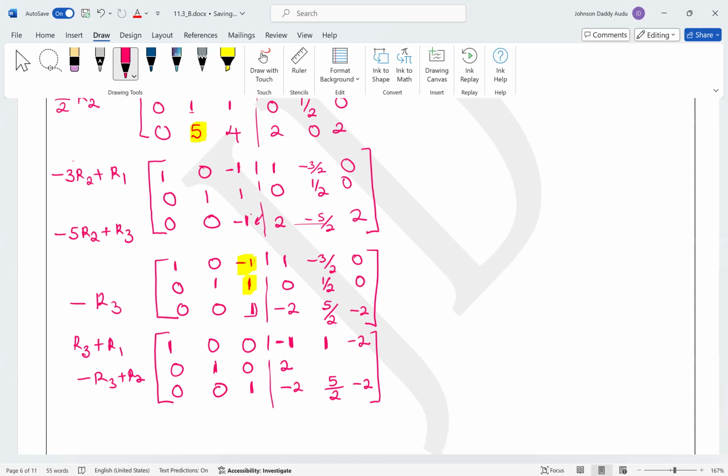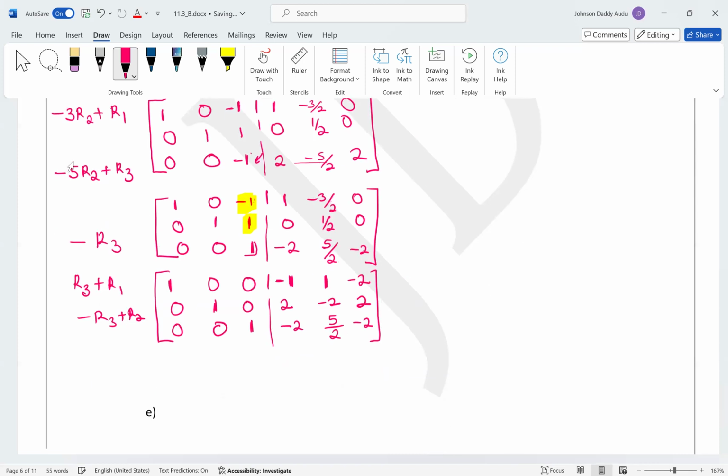So minus 5 over 2, then plus 1 over 2, so we'll have minus 2. Then here also you have minus of this, which is 2, plus 0. So this is 2. Okay, so if every operation is correct, then you see now this becomes your I3.